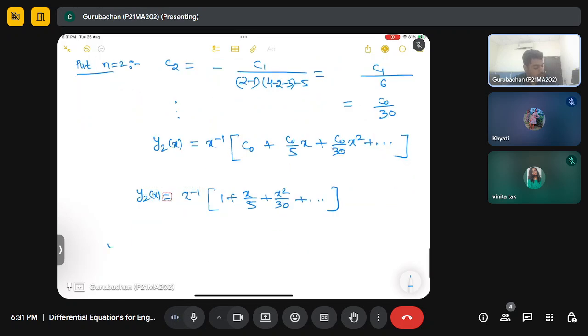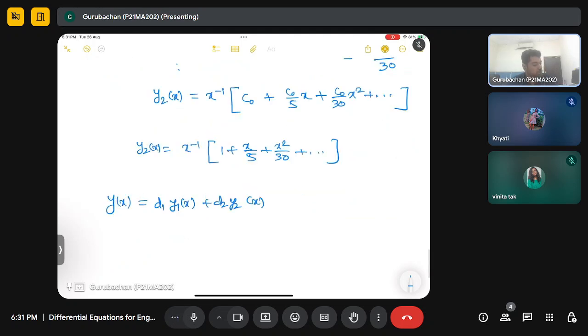And your general solution will be y(x) equal to d1 times y1(x) plus d2 times y2(x). If you write it explicitly, d1 times, what was your first solution?